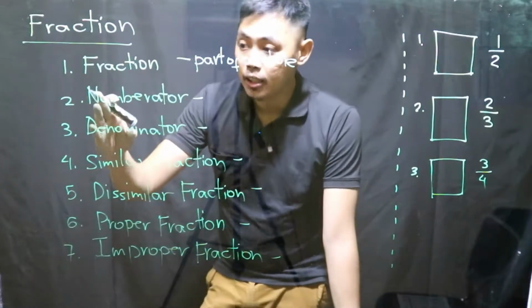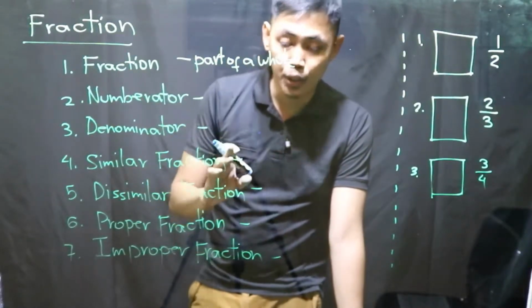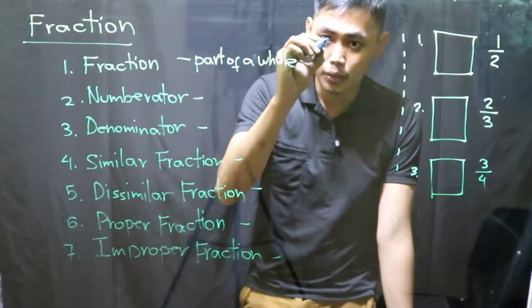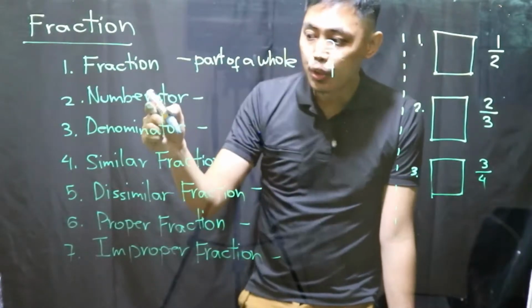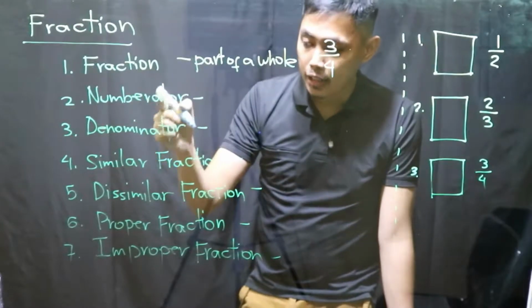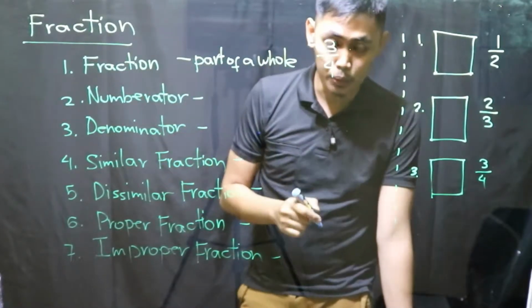Next, numerator. A numerator is the number on the top of a fraction. So let's have a fraction here, shall we say 3 over 4? The numerator is the number at the top. The 3 is what we call the numerator.